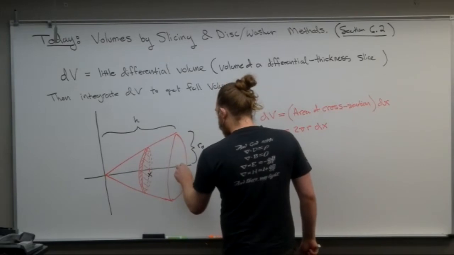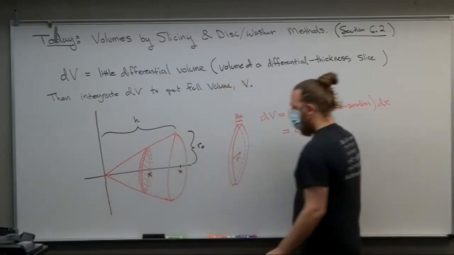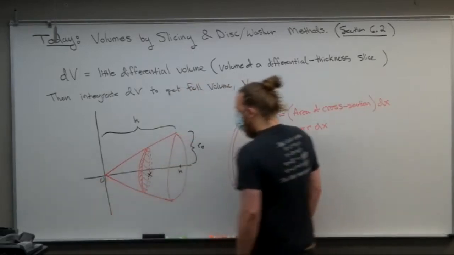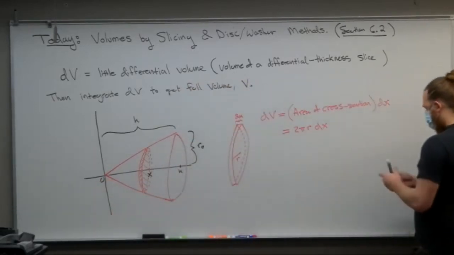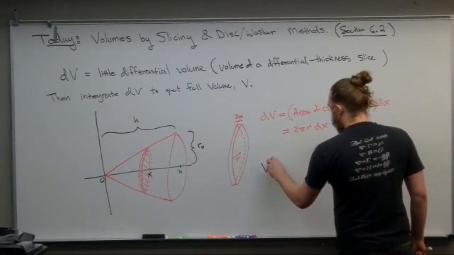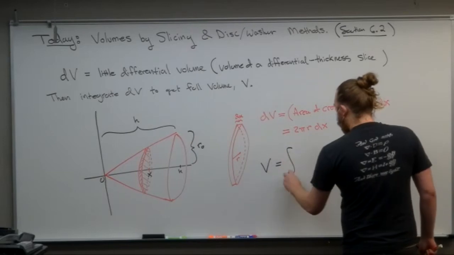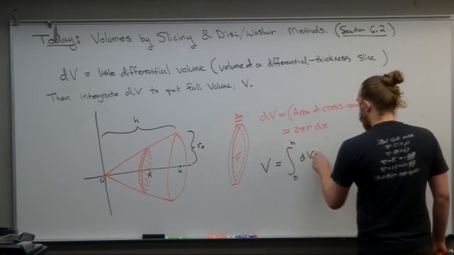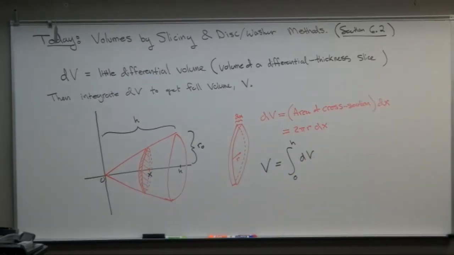So h is that x value there. Of course, 0 is at the origin here. The game is that V will be the integral from 0 to h of my little differential volume.